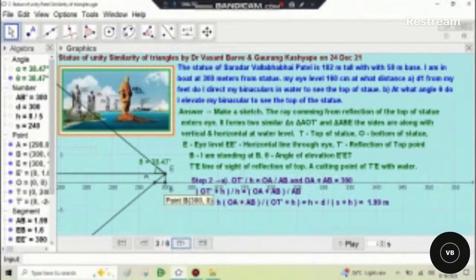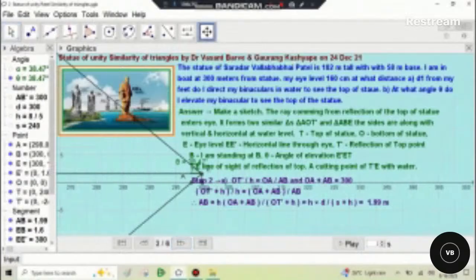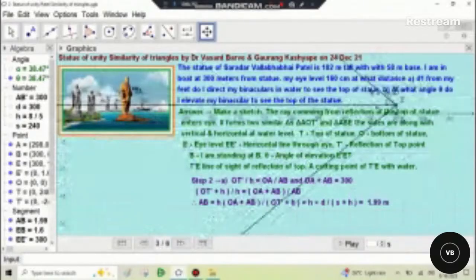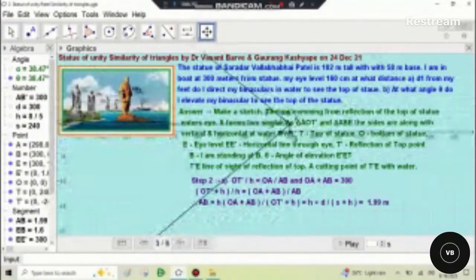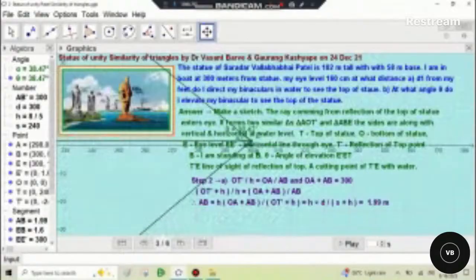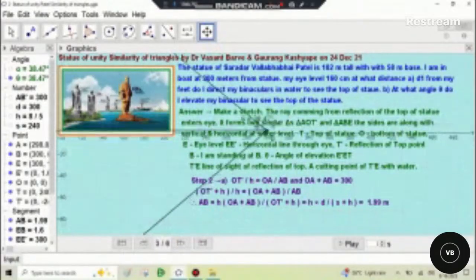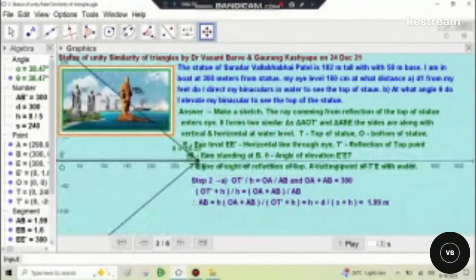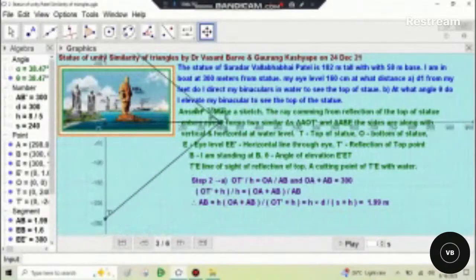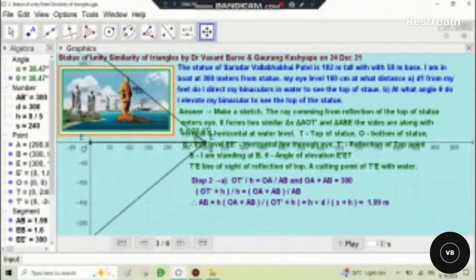Or by solving these two similar triangles, you get this particular side, you can get and relate that to the height of the statue.